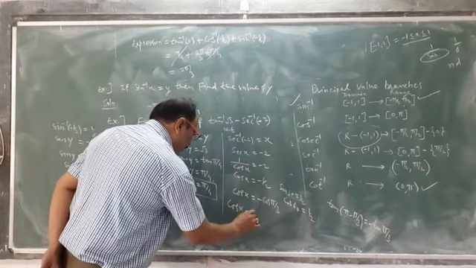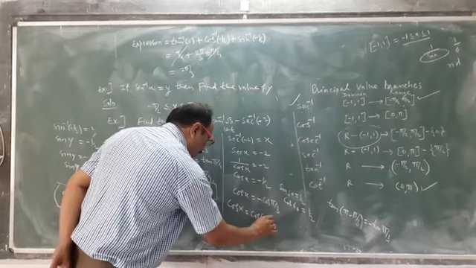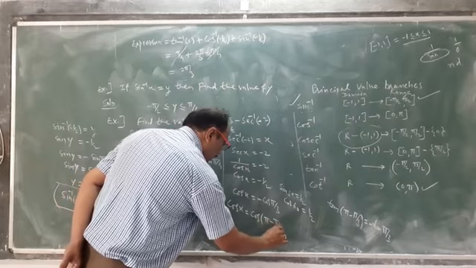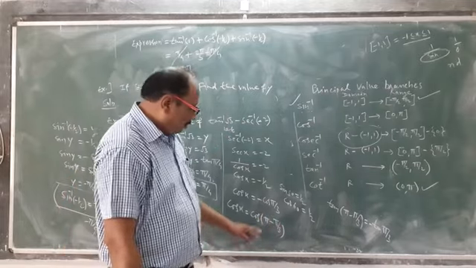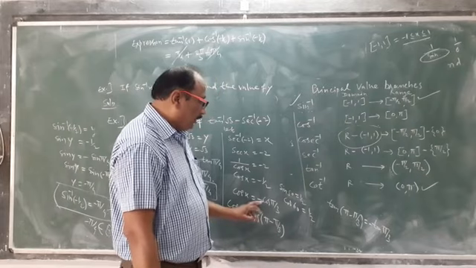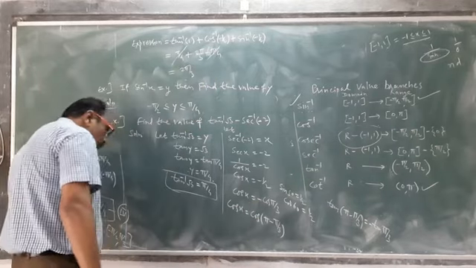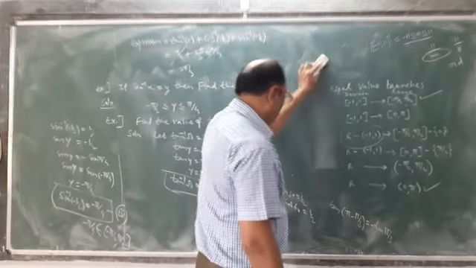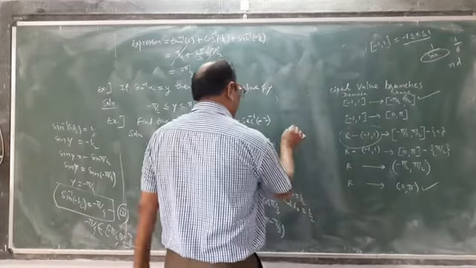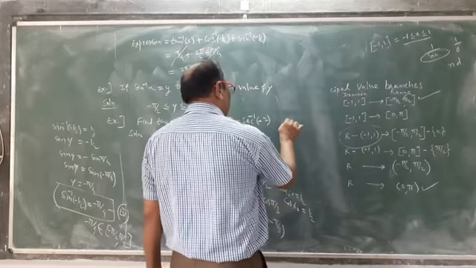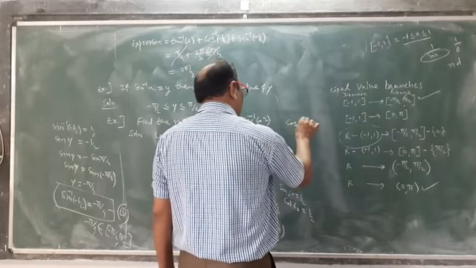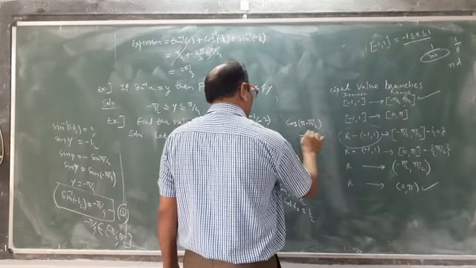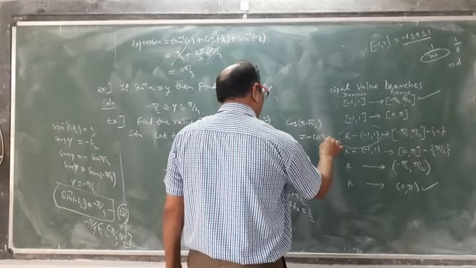In the last example, we have seen cos of pi minus pi by 3 is equal to minus cos pi by 3.